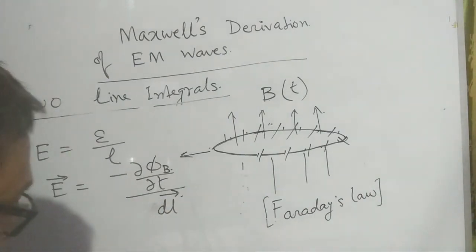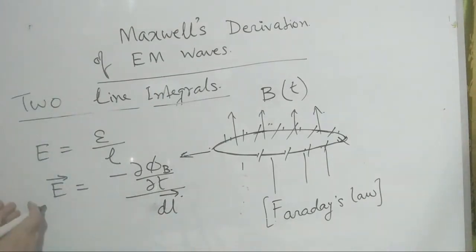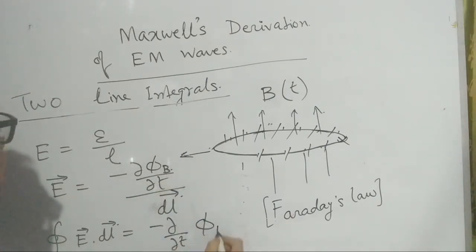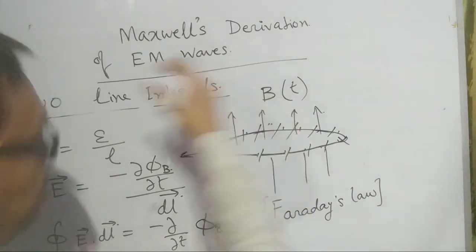So this is the EMF produced, and this length is also a vector. Isn't it? So if we take this side, we can write the integral of E dot dl equal to minus d by dt of phi b. Now what is this phi b? Phi b is basically the magnetic field into the area of the loop.